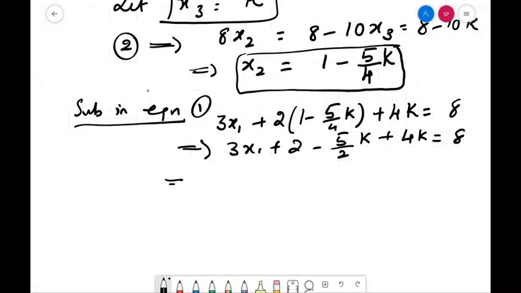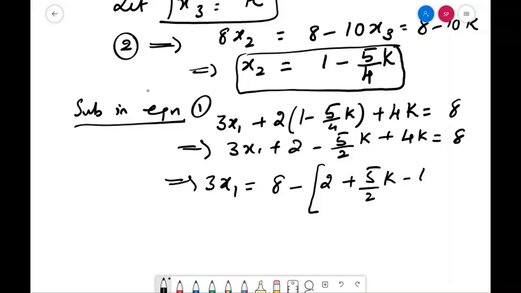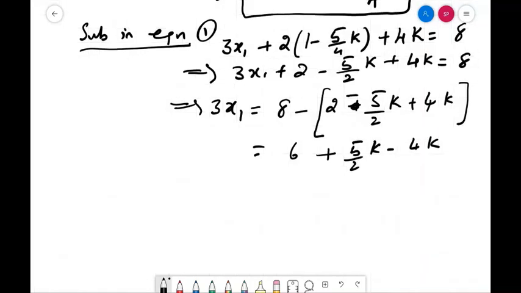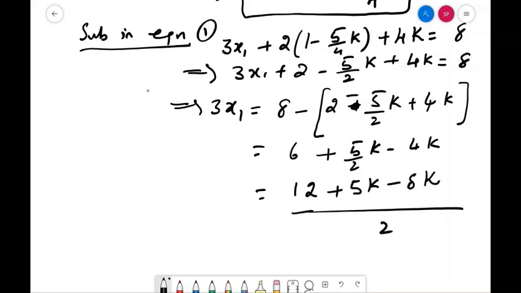So 3x1 is equal to 8 minus 2, which is 6, plus 5 by 2 k minus 4k, and taking LCM, 12 plus 5k minus 8k by 2.